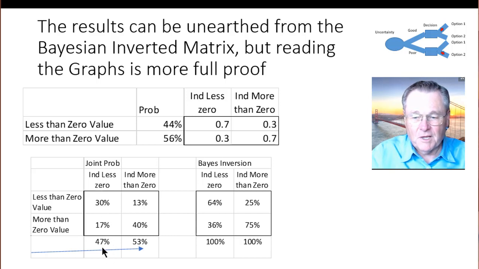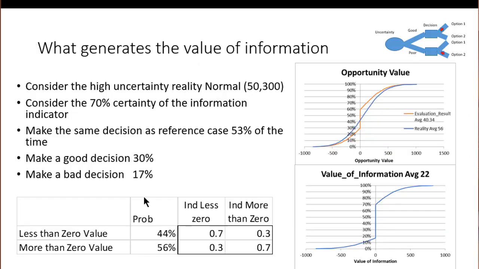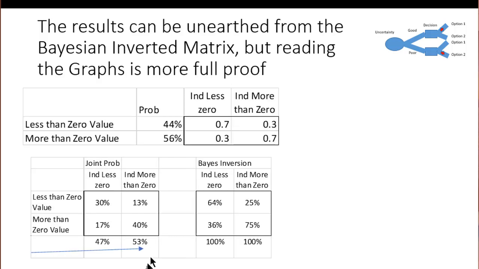So 47% of the time, I'm going to indicate less than 0. And 53% of the time, I'm going to indicate more than 0. And that's what I said on the previous slide. Remember over here? I said there was a 53% chance of making the same decision as the reference case. So we're going to be more than 0 53% of the time.